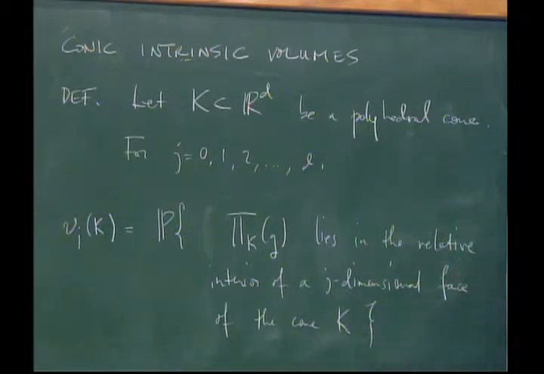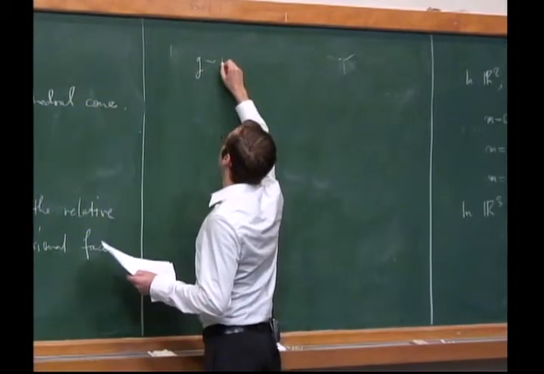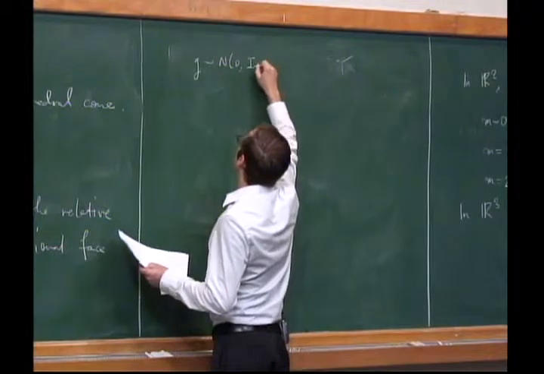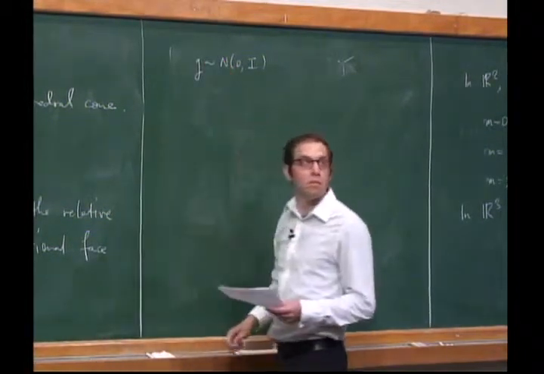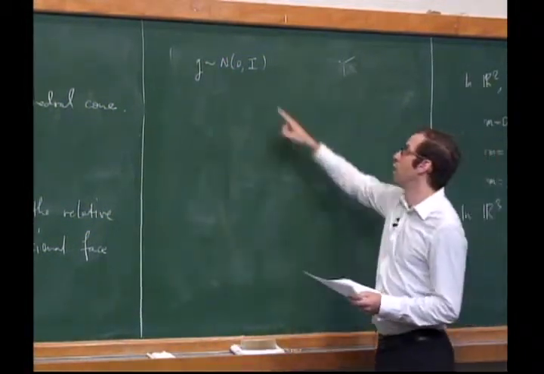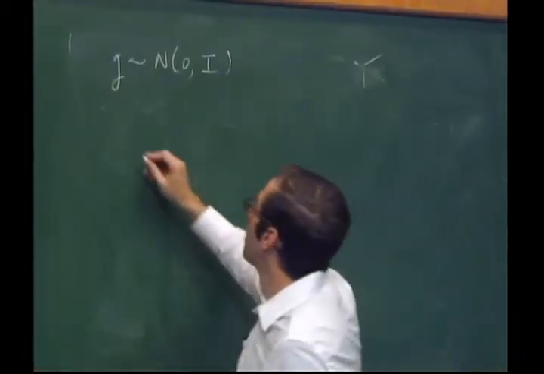All right, now I'll write down the rest of the terminology here so that this is complete. So G is a normal vector with mean 0 and identity covariance.